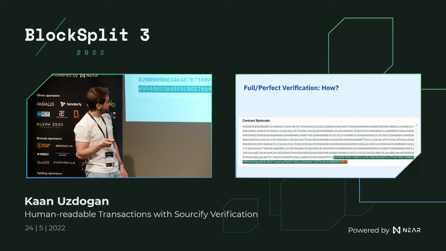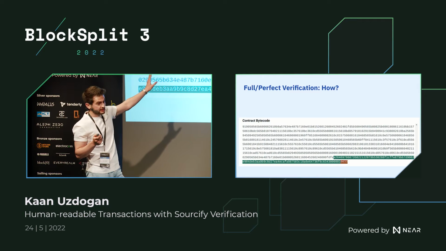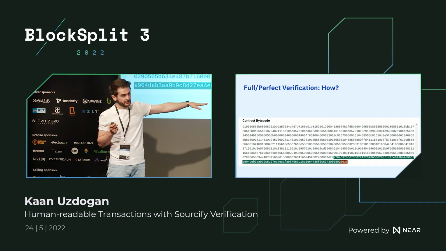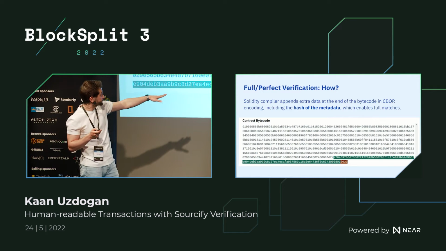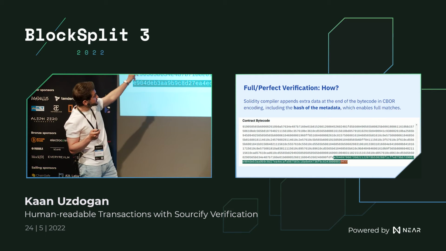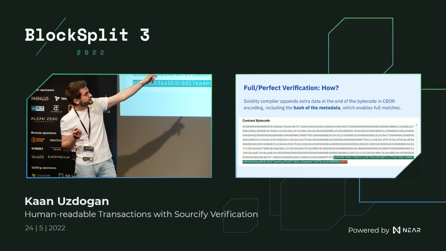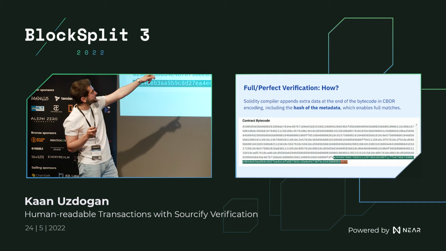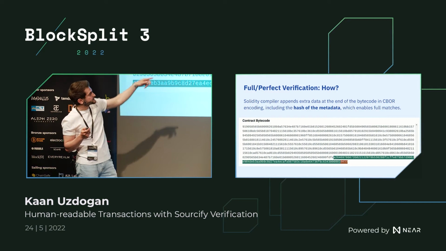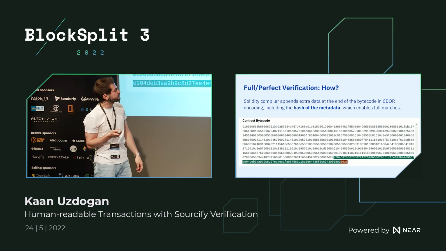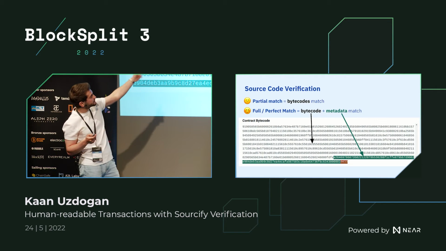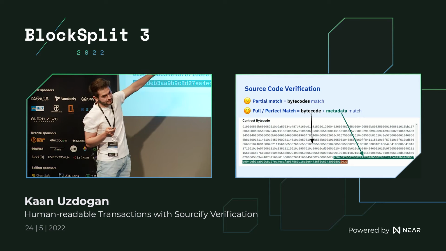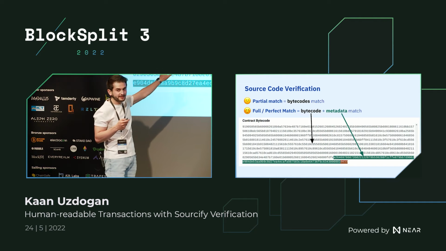So a contract bytecode looks like this, and the bytecode usually has a special field at the end. This is appended by the Solidity compiler, and this contains the hash of the metadata, which enables the full matches. This is encoded in CBOR encoding, and it has the hash of the metadata. I will break this down a bit further. That means if you have a partial match, you only have the normal area, let's say.